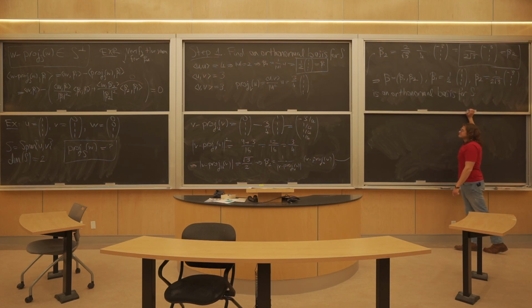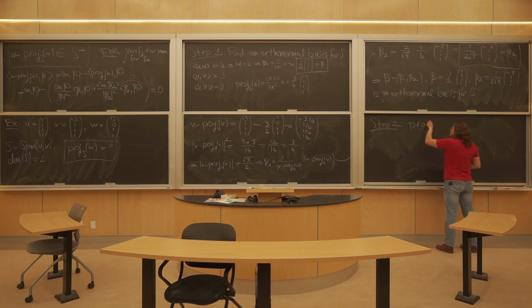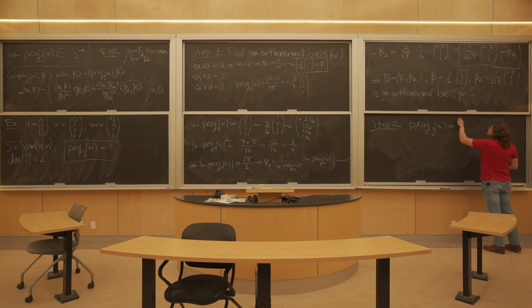So this is step 2 now. Based on the formula, this is nothing but W against beta 1 divided by beta 1 norm squared. But you see, we already normalized this, so I don't need to write this denominator.